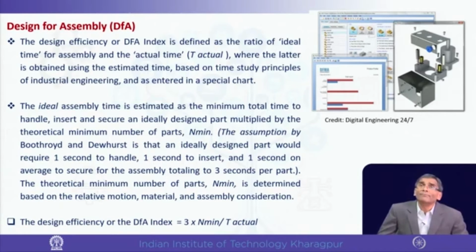How can we figure that out if the product is still not ready and physical assembly is not possible? Here there is a method called the industrial engineering time study method, or time assessment method, also called work measurement. From there one can find the time required for a particular assembly. It is based on estimation.